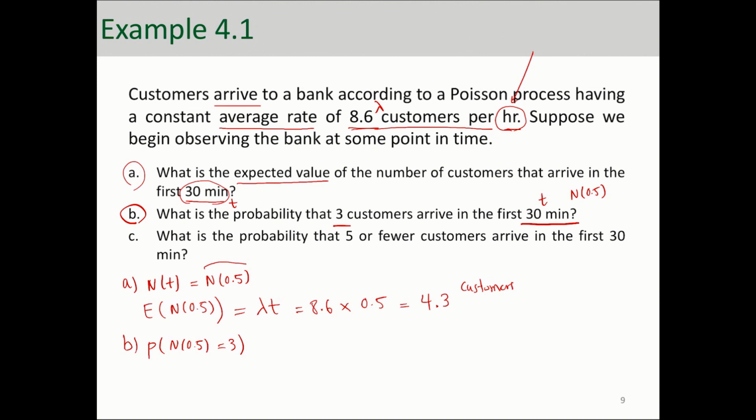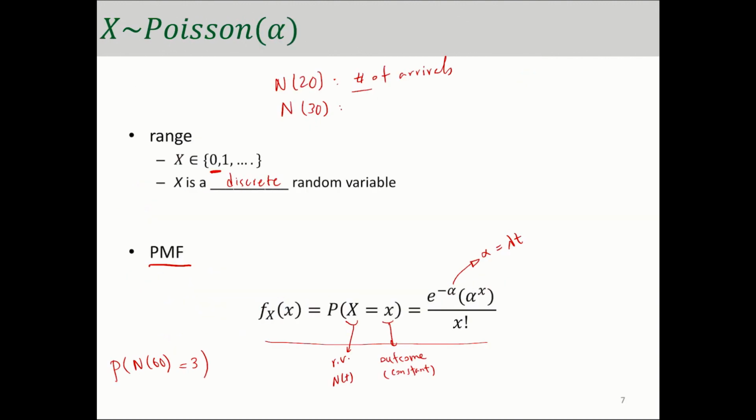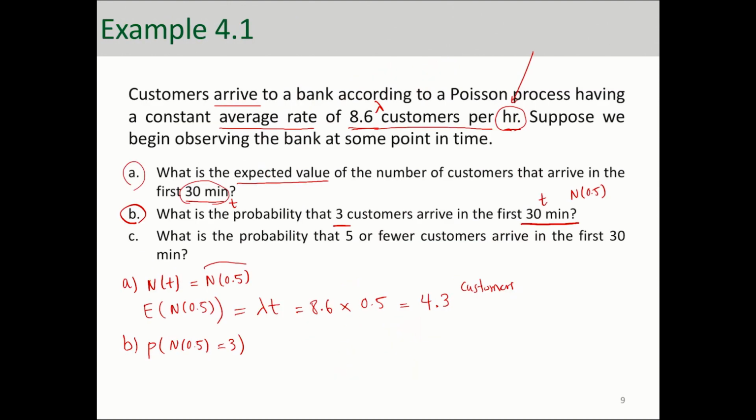So how do we do that? If we go 2 slides back, this is how you calculate probability. Right there, we're calculating N of 0.5 equals 3. So let's use that formula to calculate the probability. It's going to be e to the negative alpha, alpha to the x, over x factorial. In this case, our alpha, as you know, is equal to lambda t, which is 8.6 times 0.5, so 4.3.